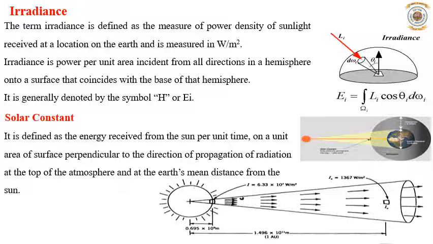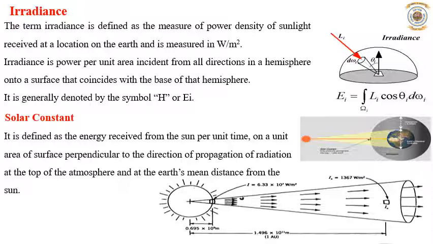Solar constant is defined as the energy received from the sun per unit time on a unit area of surface perpendicular to the direction of propagation of radiation, at the top of the atmosphere and at the earth's mean distance from the sun.